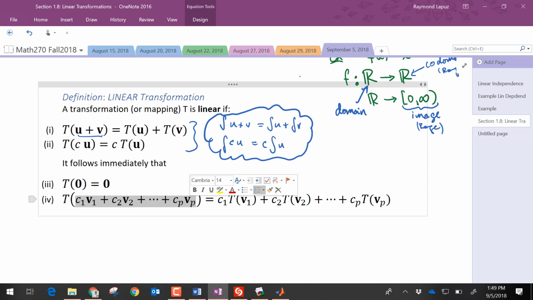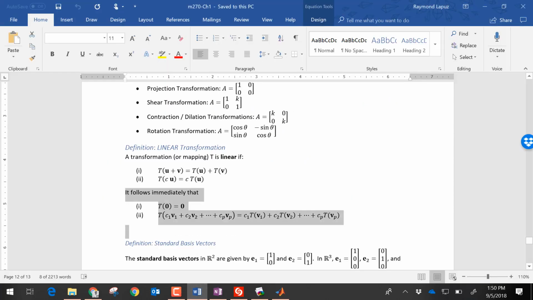If we have a linear combination of more than 2 vectors, then we can apply the rules of scaling and then adding. And remember, the scalars can be negative, so we can just deal with that separately. So those are just immediate consequences. And now let's actually take a look at some examples.